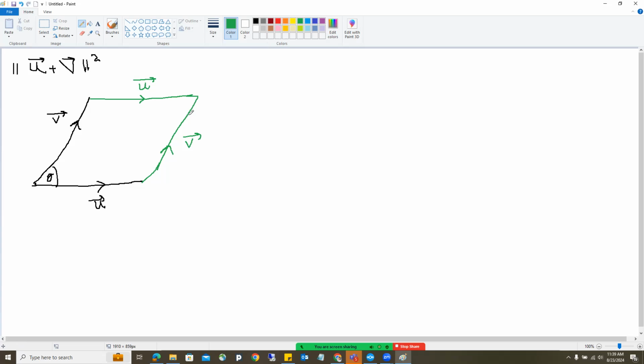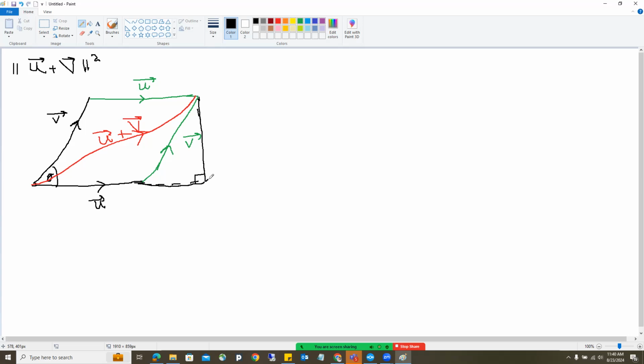Now the resultant vector will be u plus v. Starting from here, u plus v, here we have the u plus v vector. Is it clear up to this point? Now I'll drag this side until I can complete a right angle triangle.